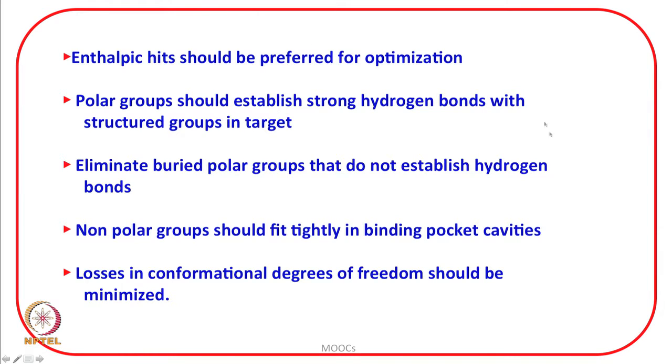So, all these guidelines are either talking about delta H naught or talking about delta S naught. And finally, it comes to getting a more negative value of delta G naught, which will be obtained only if we have more exothermicity in the binding, and the losses in degree of freedom or the conformation losses in entropy due to conformational change should be minimized.